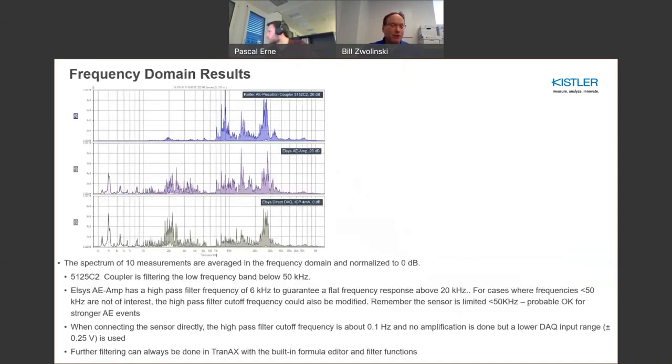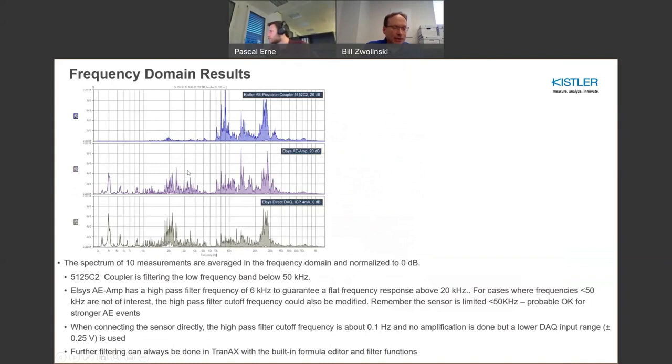But then if you do a frequency domain analysis, you see some interesting information. The Kistler coupler at a 50 kilohertz low end basically attenuates everything out to 50 kilohertz, and you see very good fidelity of signals from 50 kilohertz out to a megahertz, whereas this one here is the ELSYS coupler, which has a 6 kilohertz lower band, which is right around here.